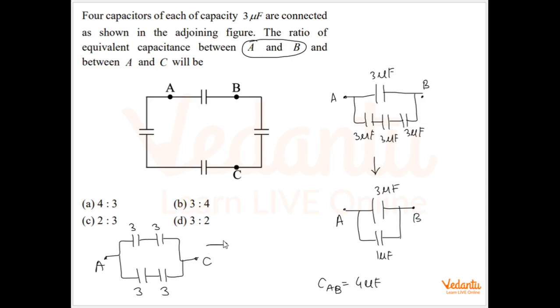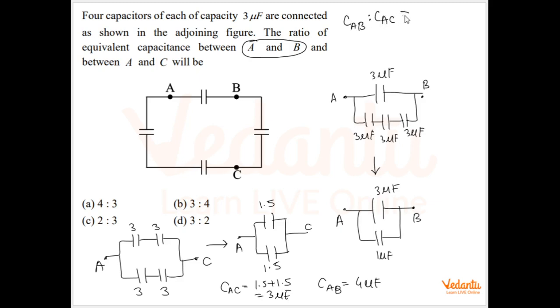If you simplify this circuit, it will become something like this, 1.5, 1.5. Which gives me the equivalent capacitance between A and C as 1.5 plus 1.5, that is equal to 3 microfarads. So the ratio CAB to CAC, the ratio of the equivalent capacitance, will be 4:3. Option A will be correct.